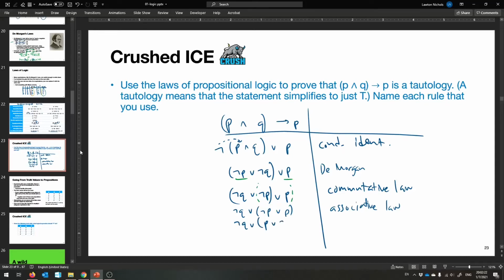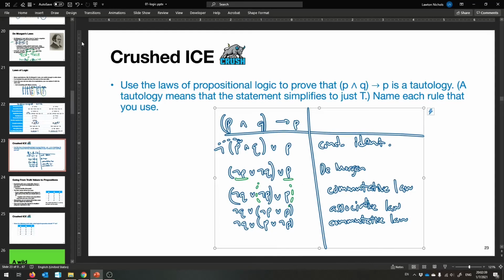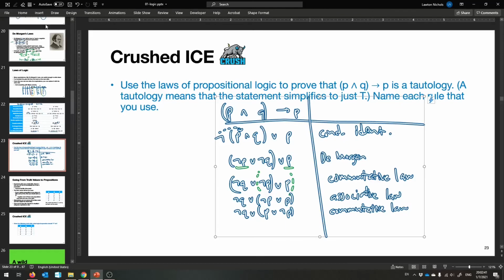P or not P. Okay, so again, I use the commutative law. Let me just, for my own sanity, move this up a little bit. All right, so we're home free almost.